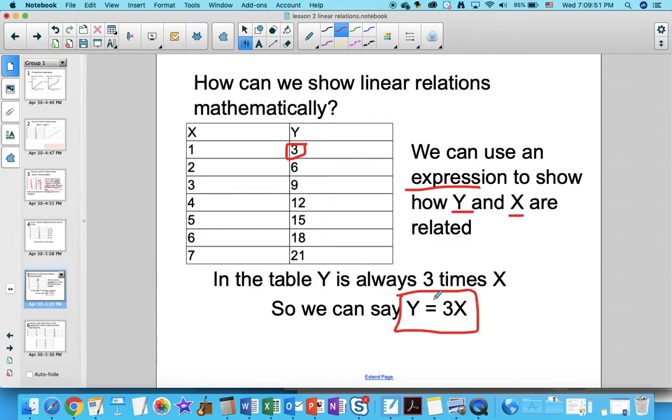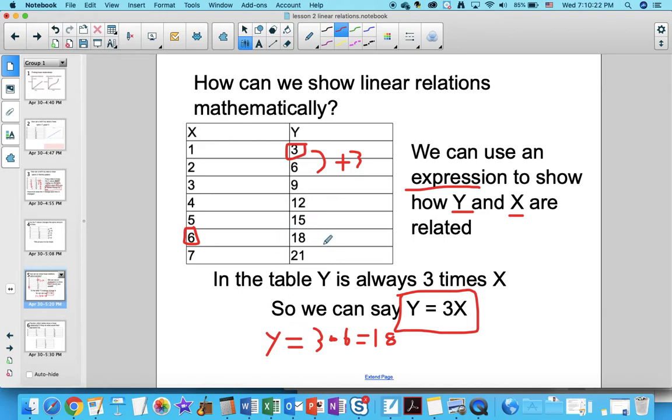We're not using hard numbers because this shows me that for any number here, y is going to be 3 times that. So pick any number. Okay, let's pick 6. Following this pattern, y equals 3 times 6, 18.